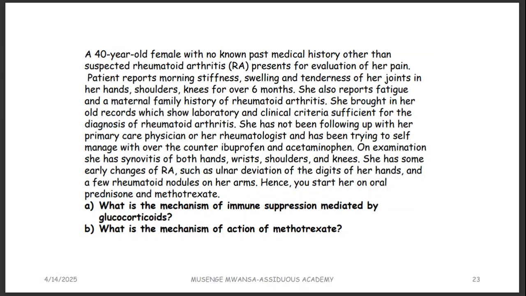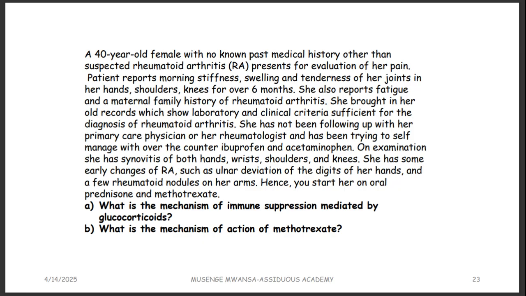She brought in her old records which show laboratory and clinical criteria sufficient for the diagnosis of rheumatoid arthritis. She has not been following up with her primary care physician or her rheumatologist and has been trying to self-manage with over the counter ibuprofen and acetaminophen.